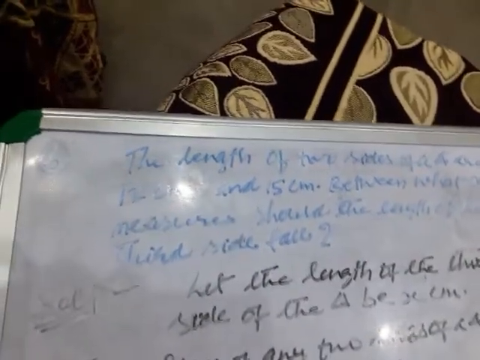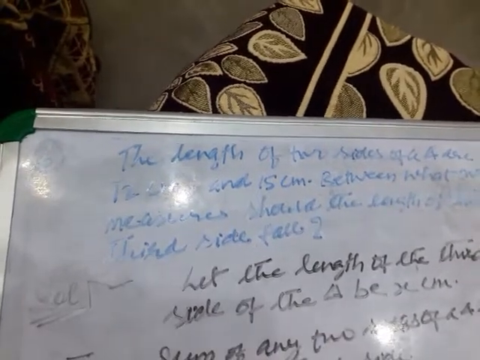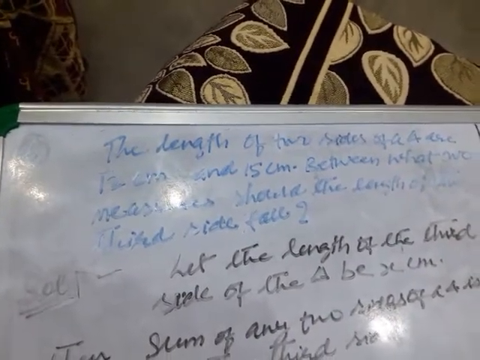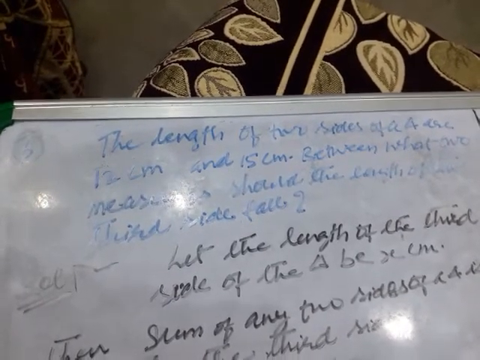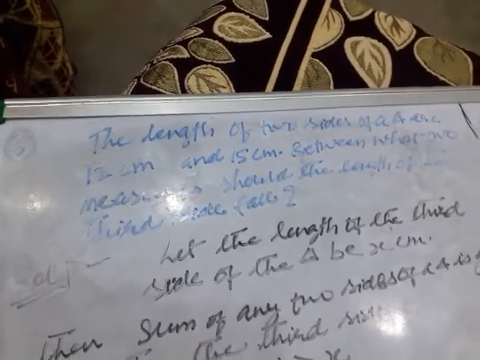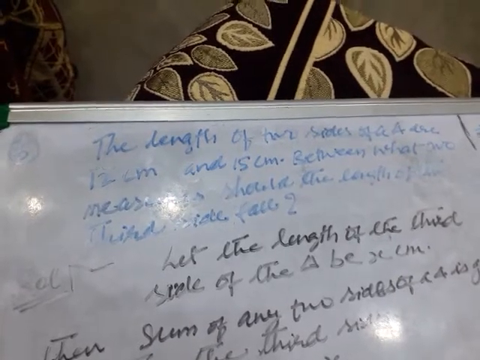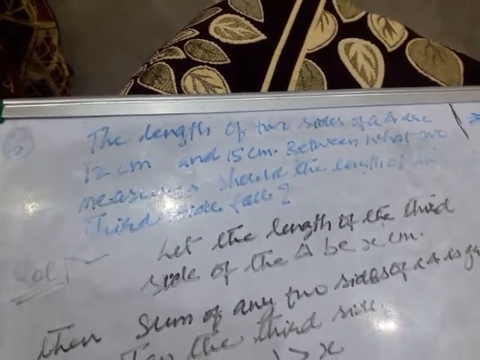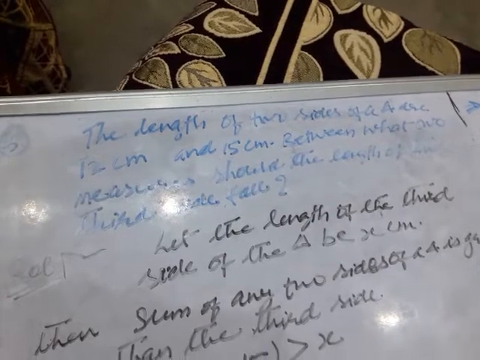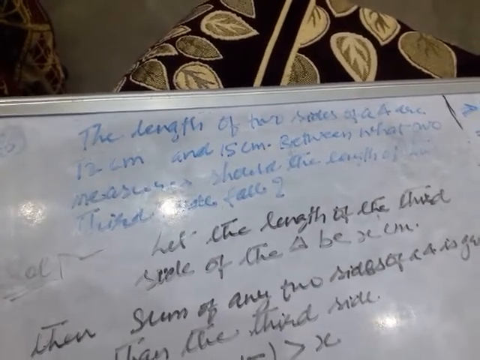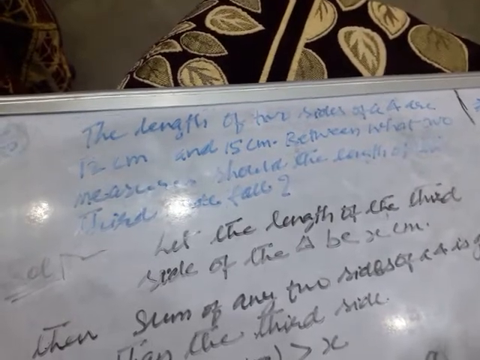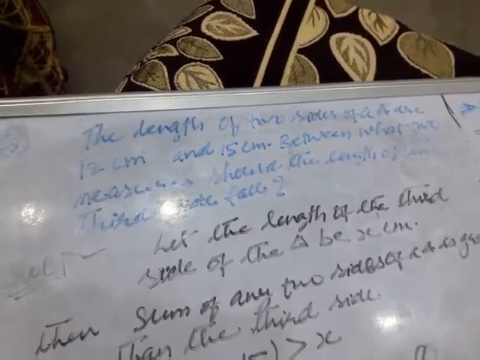This implies that 12 plus 15 is greater than x. This implies that x is less than 12 plus 15, that is 27 centimeter. The third side x is less than 27 centimeter.